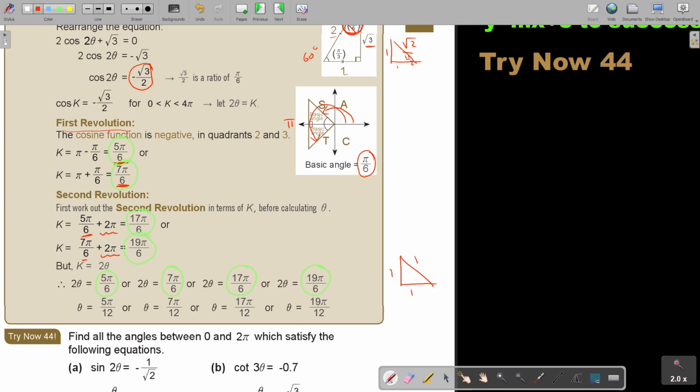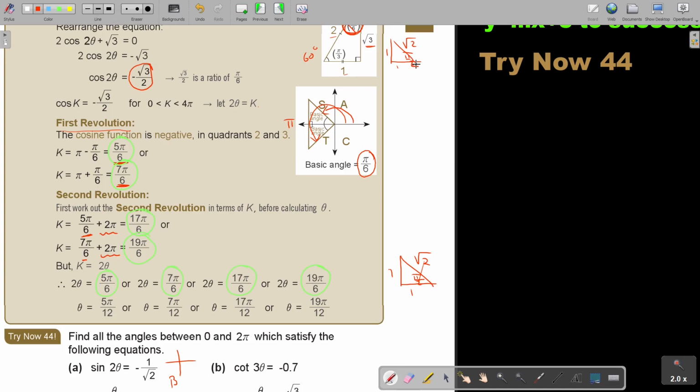So it's 1 over square root 2, and it's sin. So remember, sin is opposite over hypotenuse. So the basic angle is going to be pi, not pi over 2. I said it incorrectly here also.